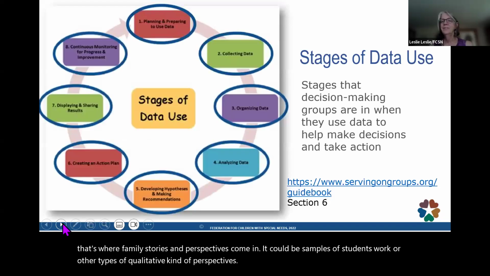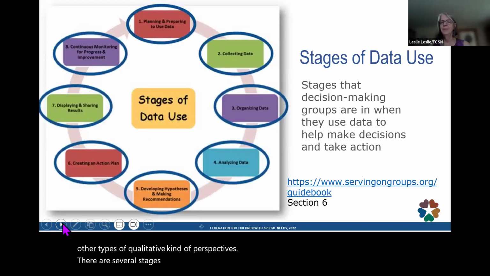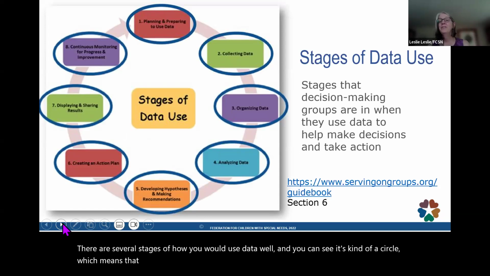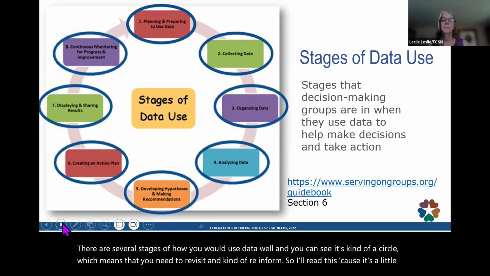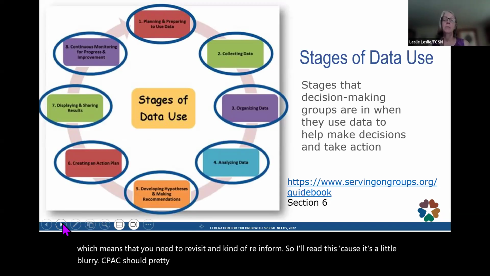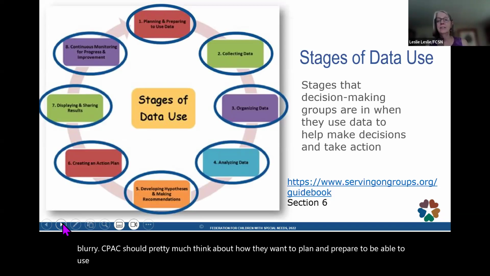There are several stages of how you would use data well, and you can see it's kind of a circle, which means that you need to revisit and kind of reinform. So I'll read this because it's a little blurry. CPACs should pretty much think about how they want to plan and prepare to be able to use data, then ultimately collect that data.